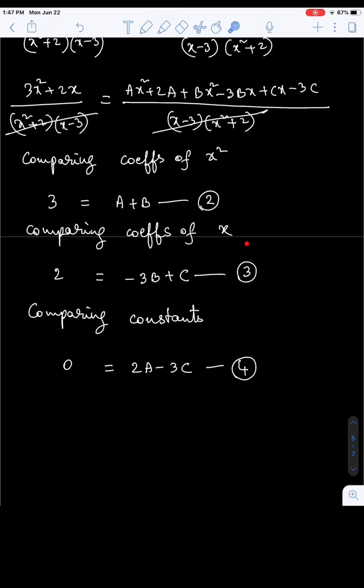See, third one: comparing coefficients of x, 2. Here, minus 3b plus c. Comparing constants, no constant term, 0. Here 2a minus 3c.